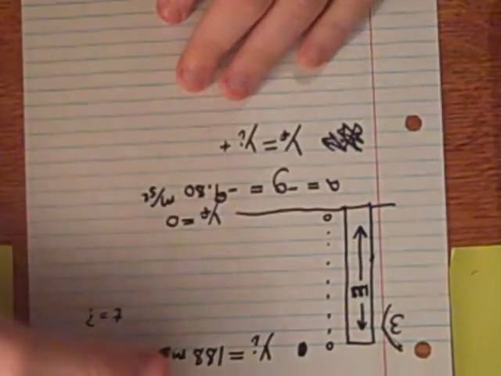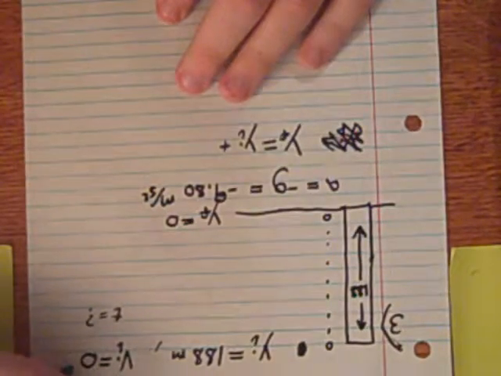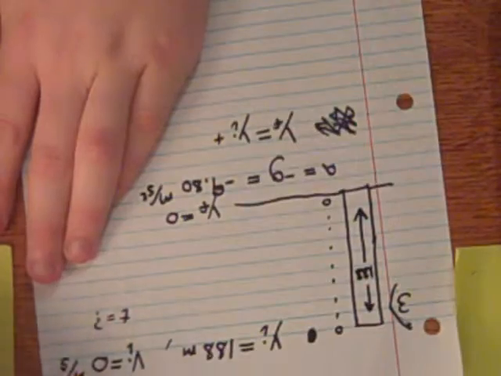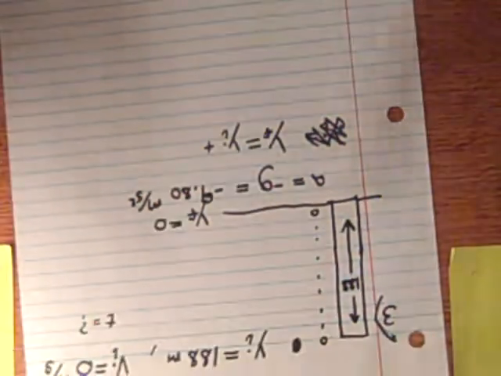Oh yeah, we are, because it's starting from rest. So V initial is 0 meters per second. And I was wondering what was going on for a second there. Yeah, so anytime you have something being dropped or starting from rest, V initial is 0.